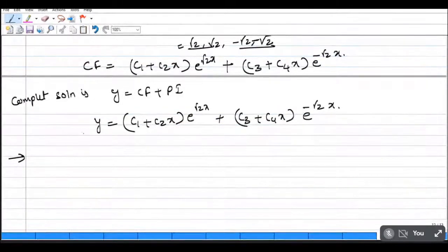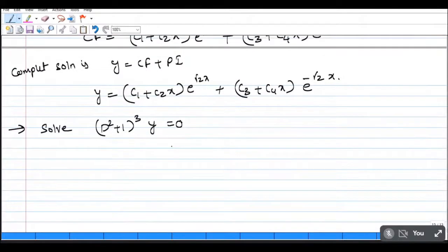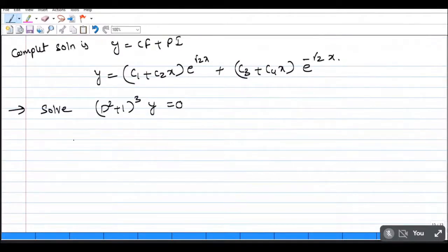Right, next question. Solve (D square plus 1) whole cube of y equal to 0. Write the auxiliary equation. The auxiliary equation is (m square plus 1) whole cube.